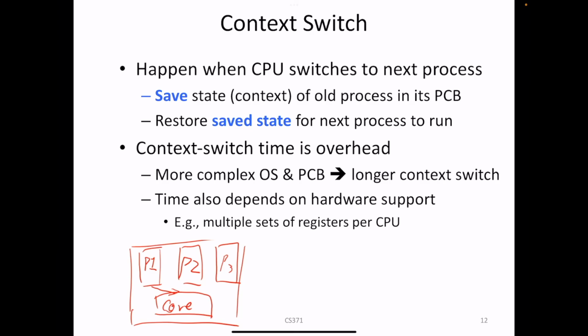So when we need to run process 1, we can directly reconnect the first set of registers to the CPU core and execute it. However, this only works for 3 processes. If you have more processes to be executed, you still need to move the state of the processes back to their PCBs. But the performance is already improved a lot compared to the single-set register hardware.